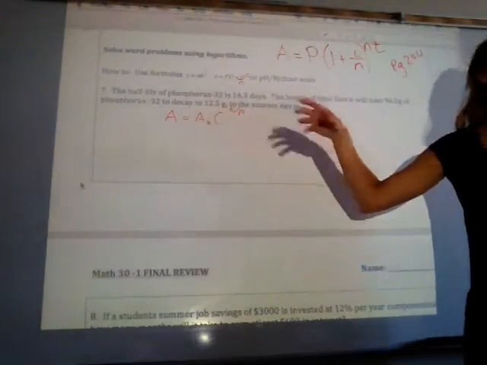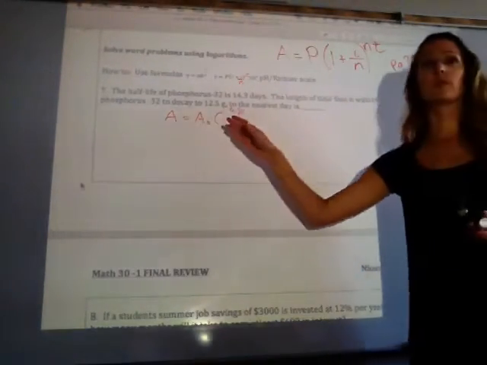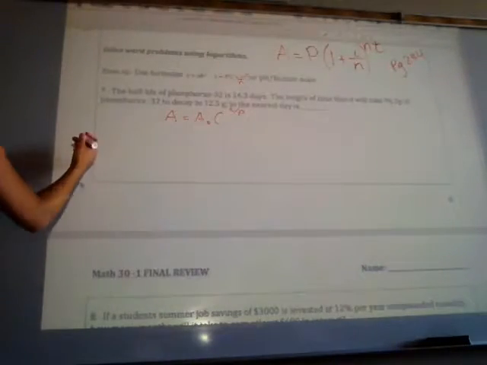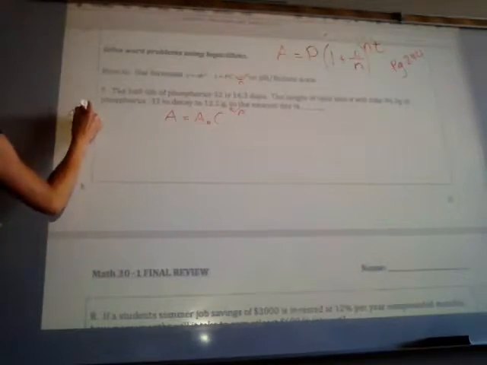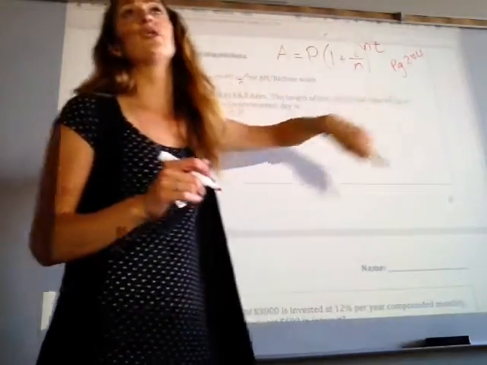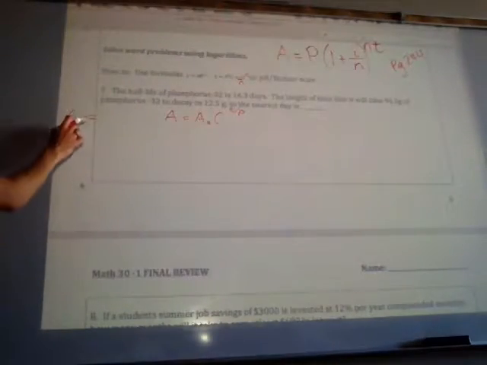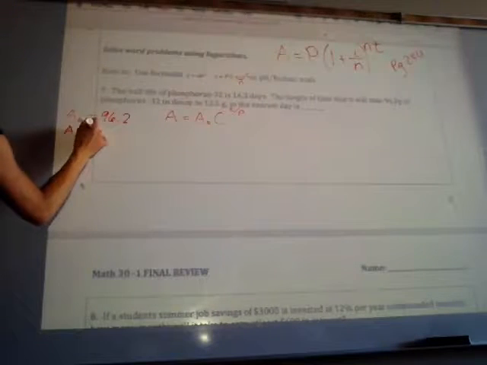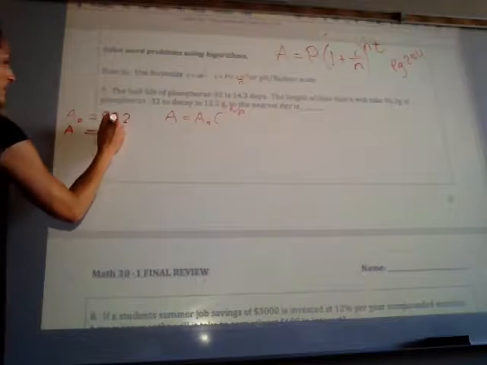So the best thing to do, just like in physics, is go through what you know, what you don't know, and then solve for that unknown. What is your original amount? 96.2. The length of time that it will take 96.2 grams to decay to 12.5, so our original amount is 96.2, and the amount it decays to is 12.5.